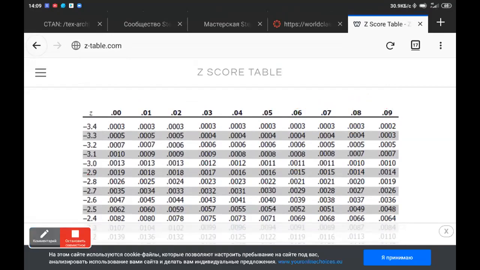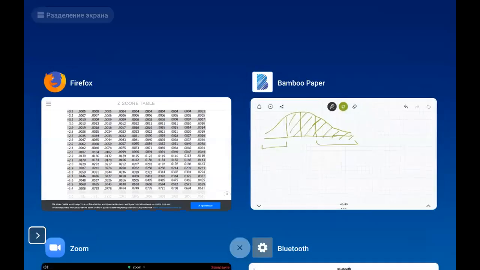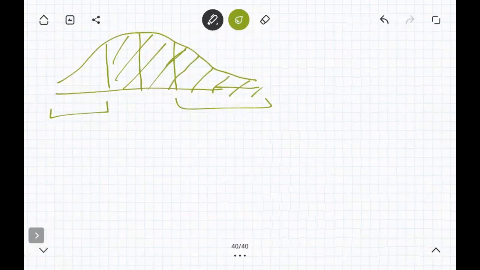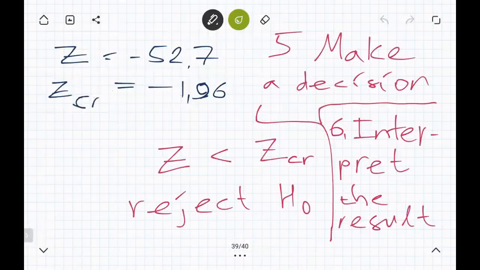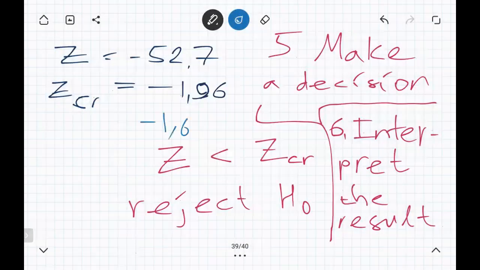So in our test, we used the value for a two-tailed test, which is 1.96. But in fact, the true value we should have used is minus 1.645. Here in this case, it does not change anything because our Z is still way smaller than our critical value.